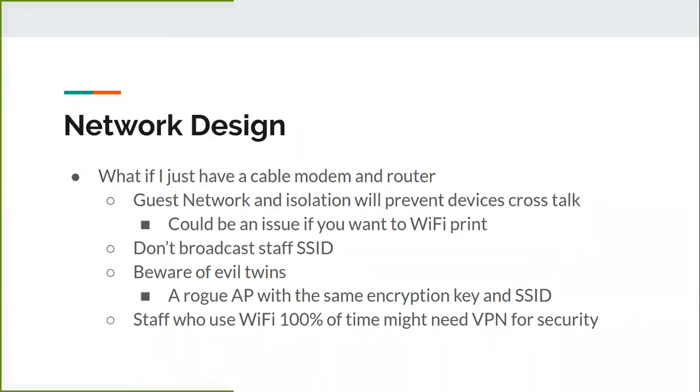As another way to prevent some of this, if your staff is using VPN, you don't even have to be off site. You can use VPN on site if you're on Wi-Fi. So then you don't even have to worry about the evil twin. If someone set up an evil twin and you join, but all your traffic is going over a VPN, there's not too much the evil twin's going to get out of that situation, because all your traffic would be encrypted.